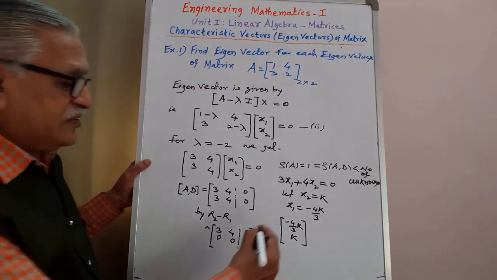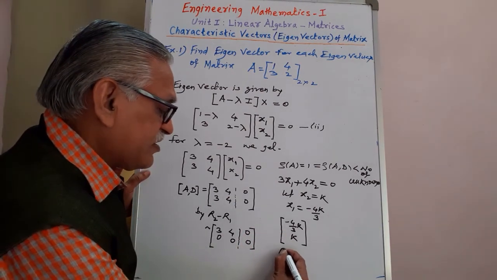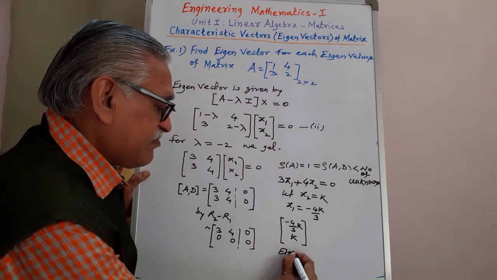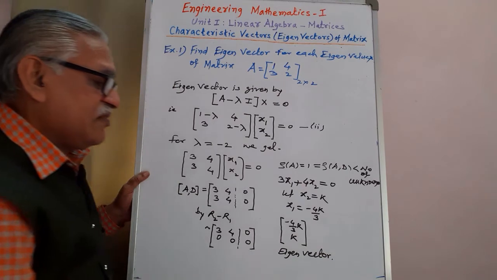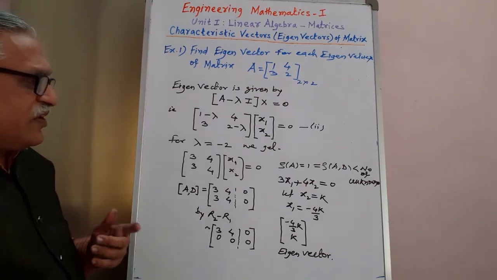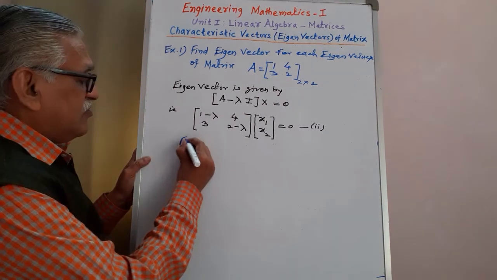Okay, this is the eigenvector for the first eigenvalue.